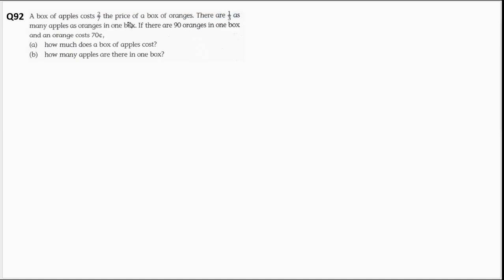Okay, now hopefully you have noticed a couple of tricky areas here. We're going to have to be very careful because sometimes we're talking about the price of apples compared to the price of oranges. And sometimes we're talking about the number of oranges in a box compared to the number of apples, which of course are two completely different things.